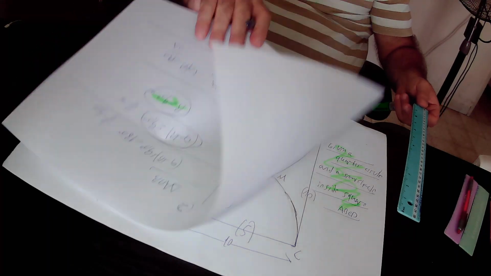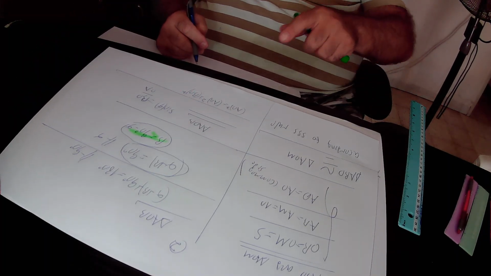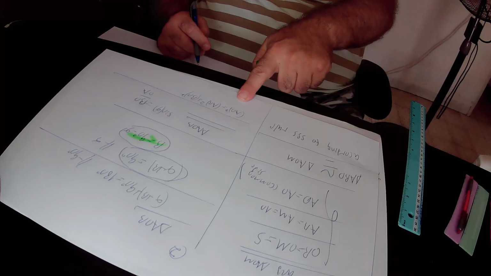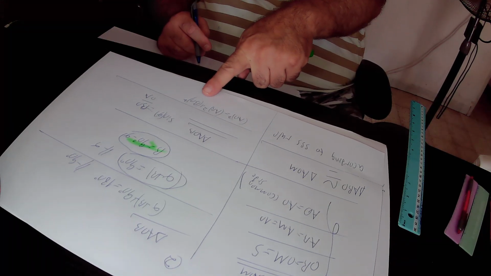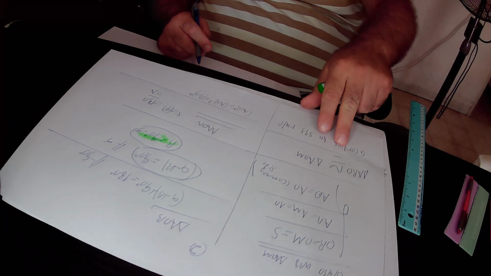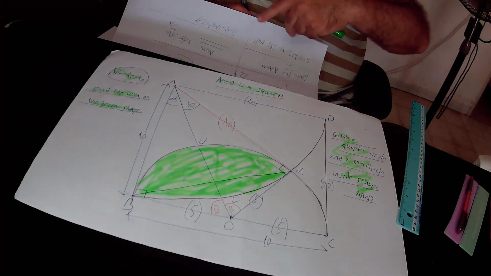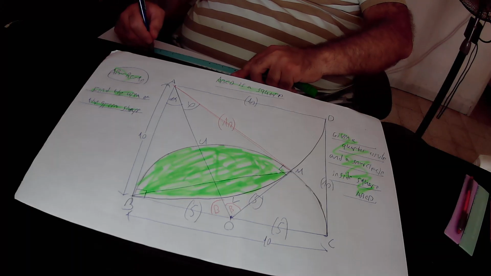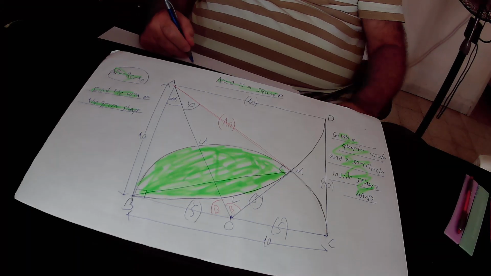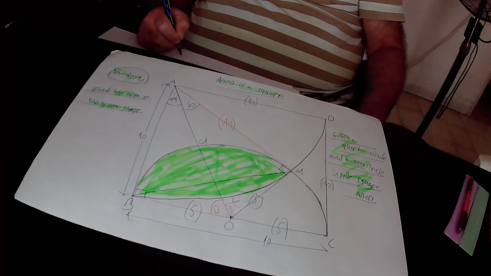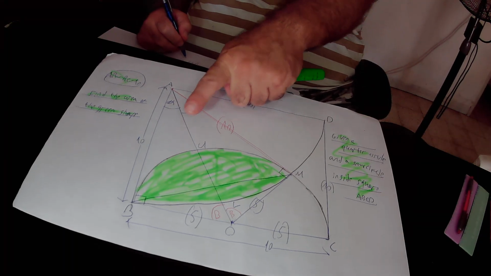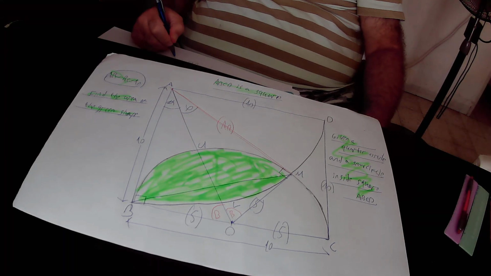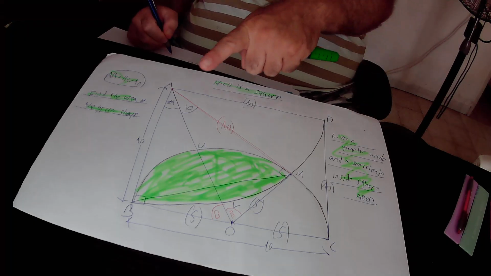In the right triangle AOB, according to the Pythagoras theorem, AO squared, the square of the hypotenuse, equals AB squared plus BO squared. AO is the missing side, so leave it as it is. AO squared equals AB squared. AB is 10, therefore AB squared is 10 squared, that is 100, plus BO squared.